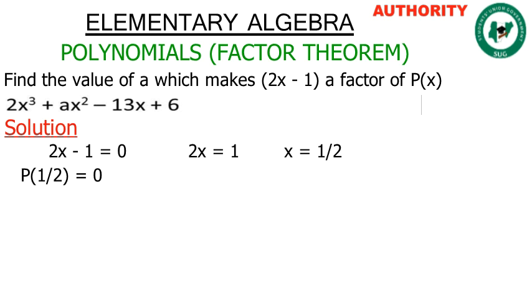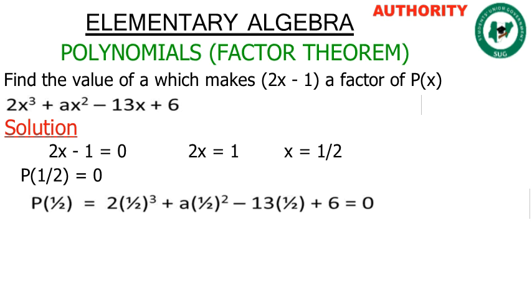Okay? Now we're going to say p of 1 all over 2 is equal to 2 in brackets 1 all over 2 raised to power 3 plus a open bracket 1 all over 2 raised to power 2 minus 13 open bracket 1 all over 2 plus 6 equal to 0.